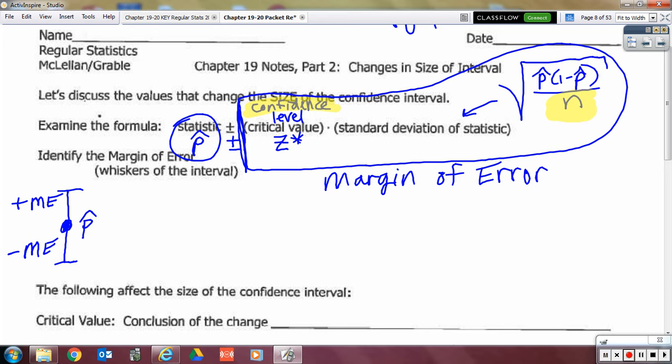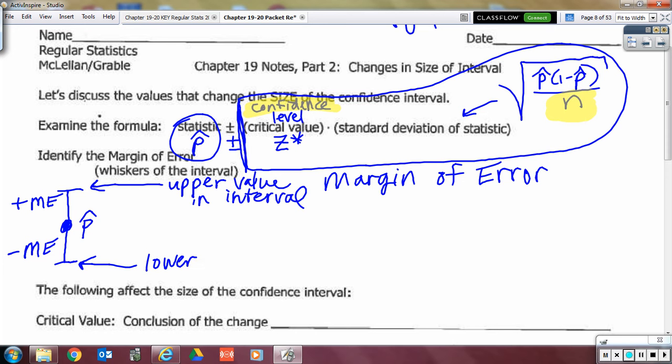By the way, this value right here is the upper value in your interval. Remember that? In your interval. And then, of course, this one down here is your what? Good. That's your lower value of your interval. Okay, very good. So let's move on.